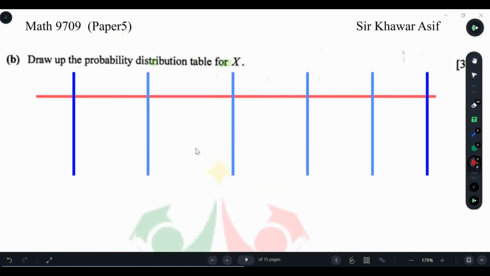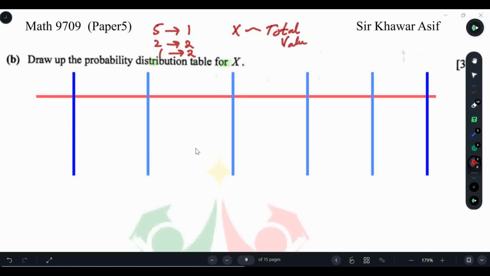Draw the probability distribution table. For the probability distribution table, we keep in mind that we have only one $5 coin, two $2 coins, and two $1 coins, and X represents the total value of the coins.